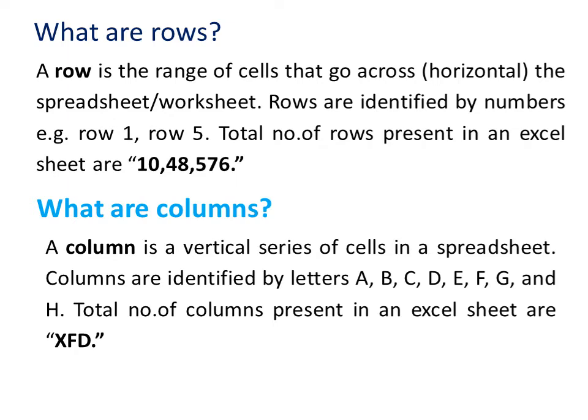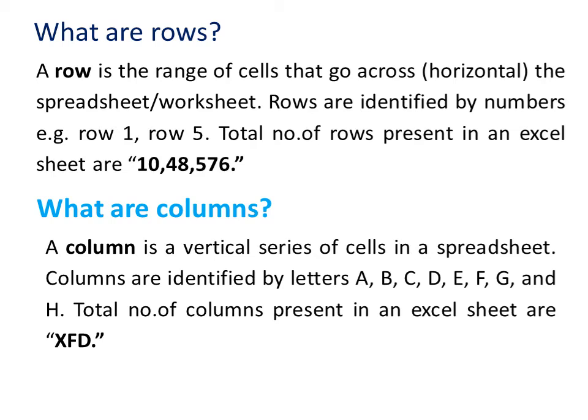Children, you came to know that Excel is a spreadsheet application software which contains worksheets or spreadsheets. These spreadsheets or worksheets are formed with the help of rows and columns. Now let us see what are rows and columns. Rows are the horizontal lines which are present on the spreadsheet, and these rows are denoted by numbers.